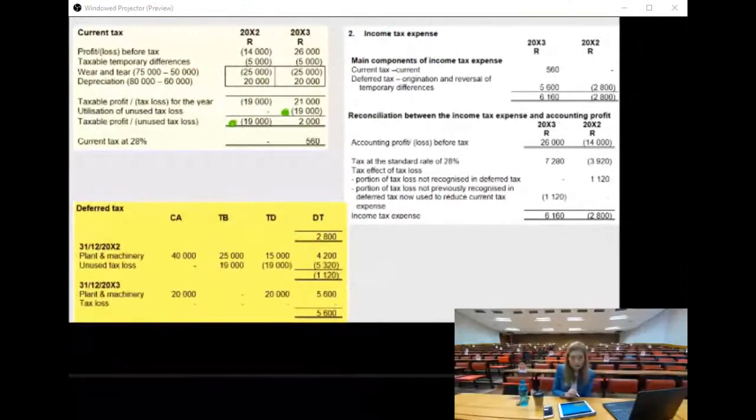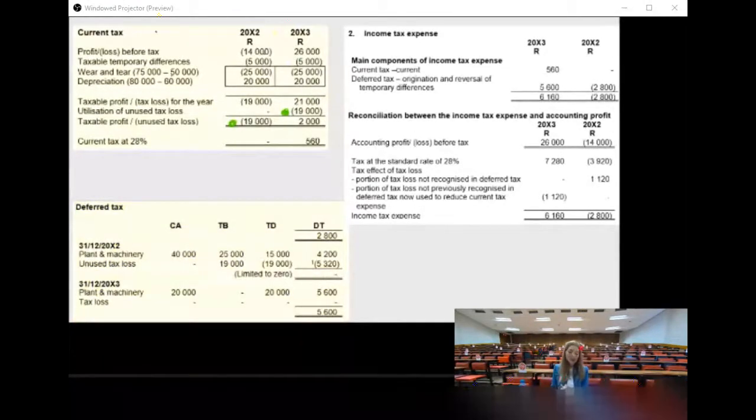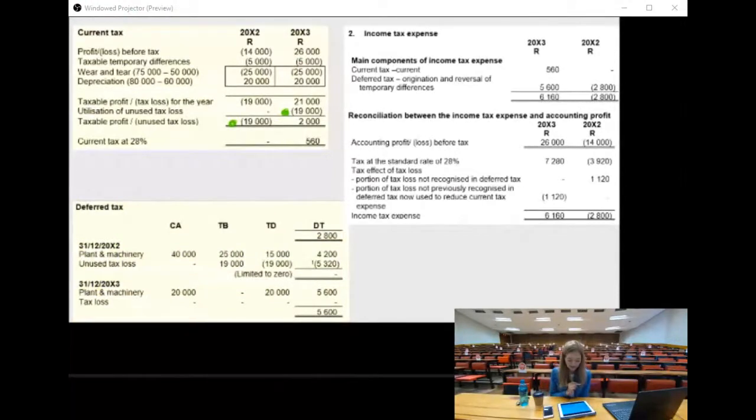Okay, so now I'm showing you this. The yellow block there is class example 13's deferred tax calc. Now this is what class example 14's deferred tax calc looks like. So you see, we still have our unused tax loss of 19,000 Rand. If we multiply that by 28%, we get the 5320, which would have given us the 1120 debit deferred tax asset.